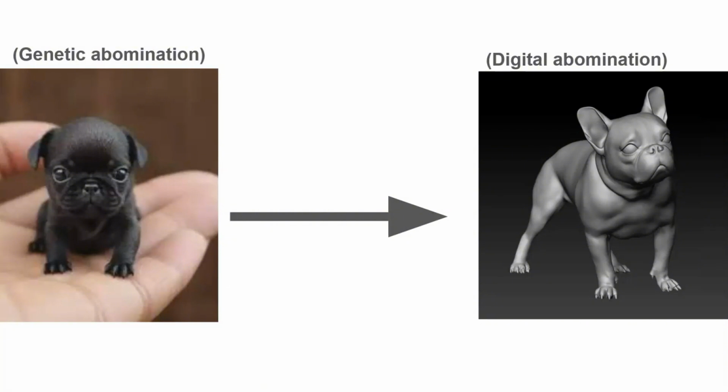An STL is basically just a 3D file. But what's unique about them is that you can turn any regular image into a 3D file. I'm not actually turning this image of a pug into a fully modeled 3D animal, but this is the general idea.